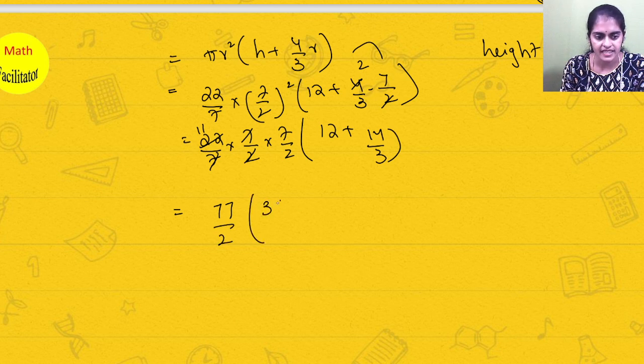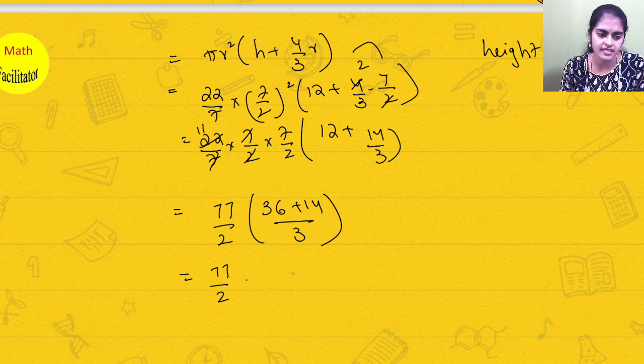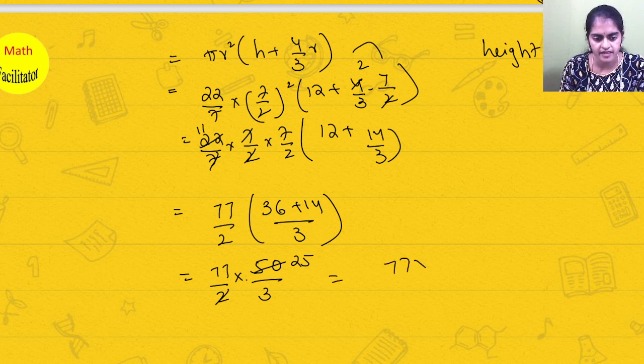Now 12 threes are 36 plus 14 divided by 3. So that is 72 by 2 into 36 into 4 plus 14, which is 50 divided by 3. So 2 ones are 2, 2 twenty-fives are 50, so I can cancel. So 77 into 25 divided by 3.